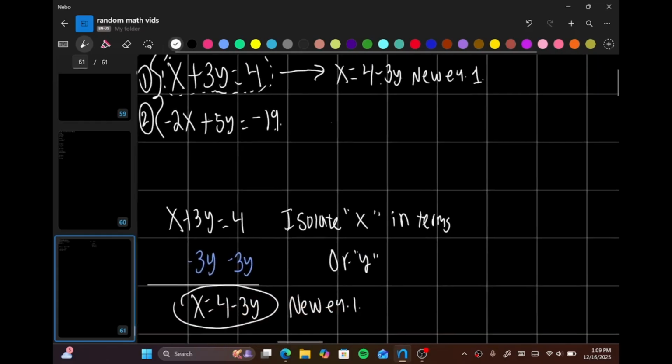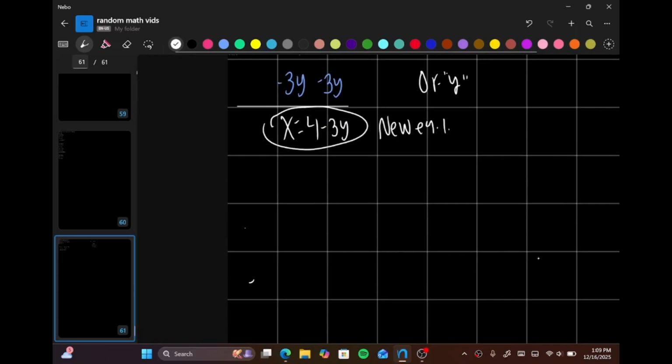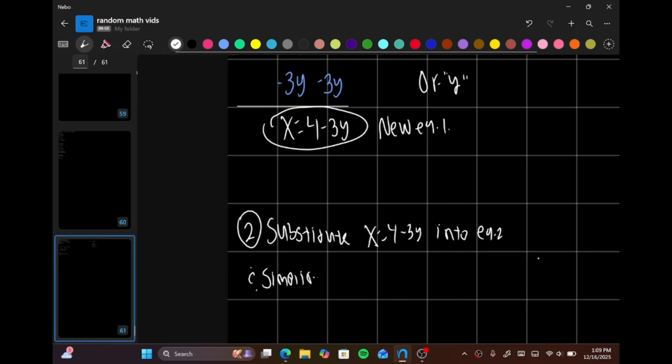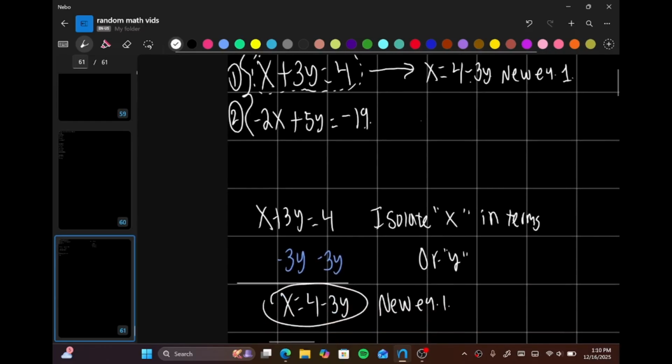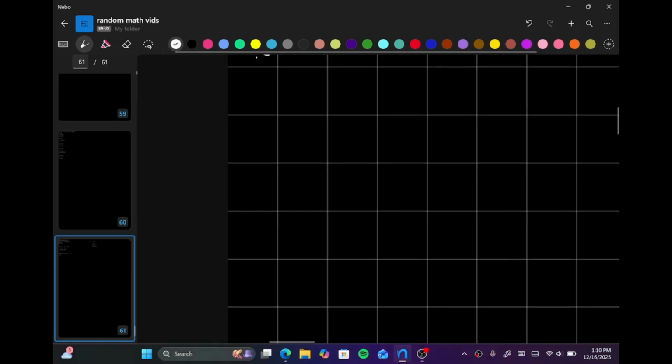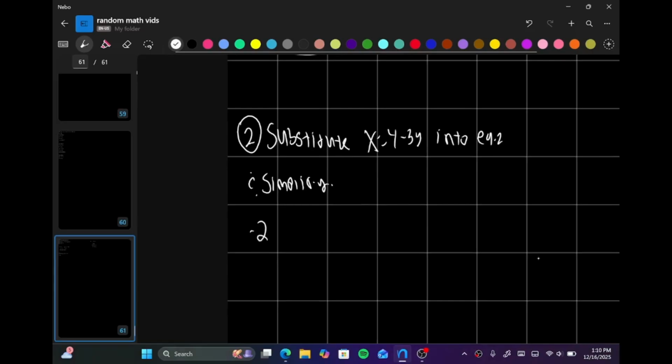And now what we're going to do is number 2, we're going to substitute x equals 4 minus 3y into equation 2 and simplify. So equation 2 is negative 2x plus 5y equals negative 19.